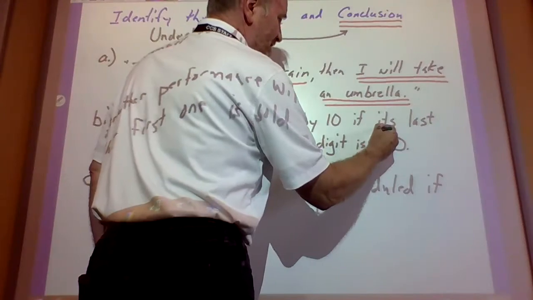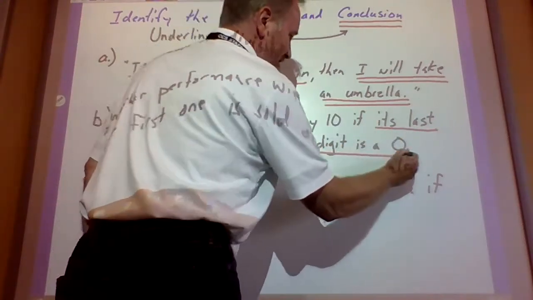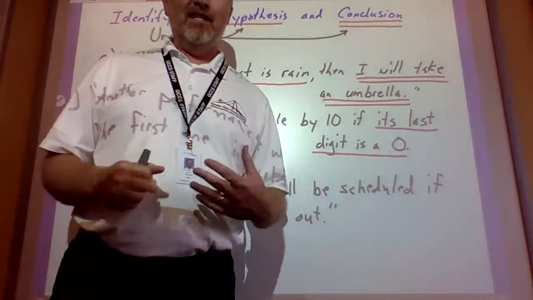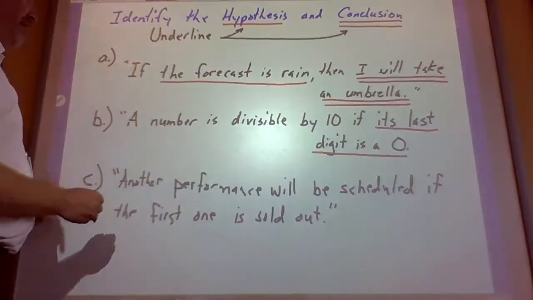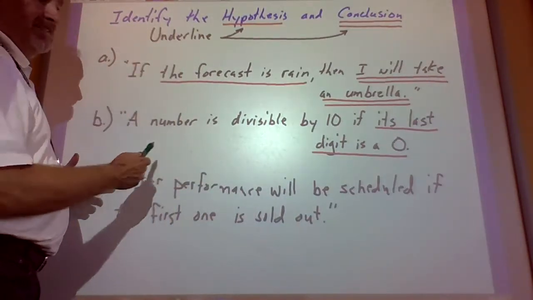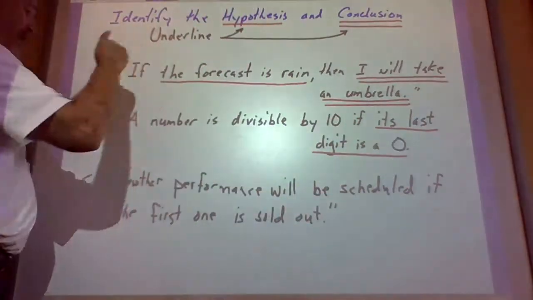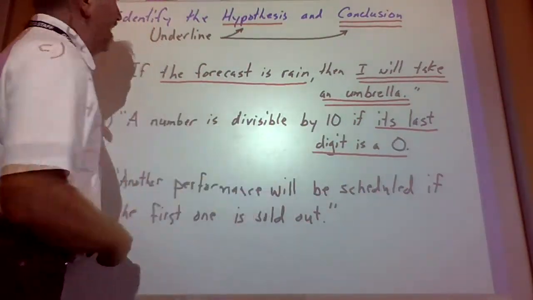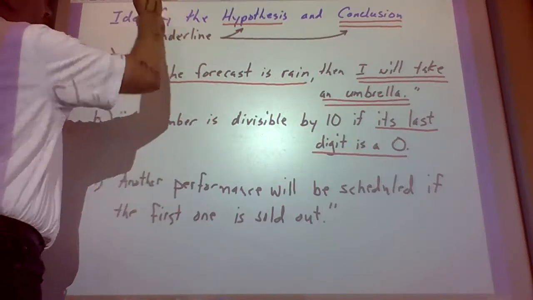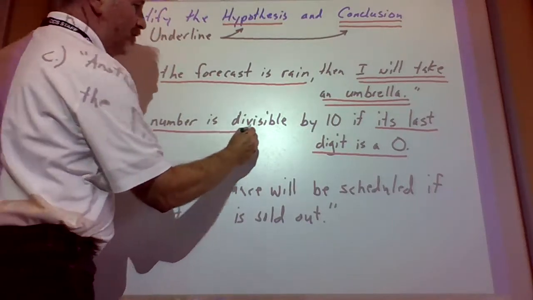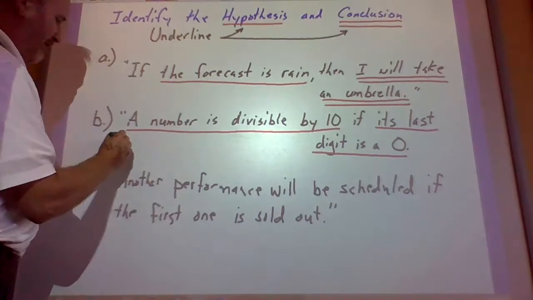So the hypothesis is its last digit is a 0. So if something's last digit is a 0, then the word then isn't even in this problem, but you can almost hear it. If its last digit is a 0, then a number is divisible by 10. You can almost feel it or hear it, but this would be the conclusion, even though it's in the front.